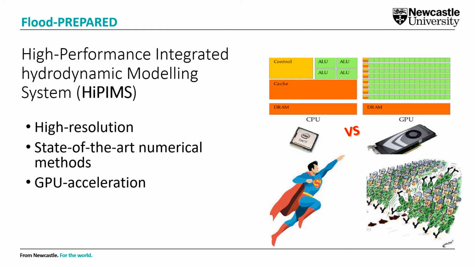The name of HiPIMS is short for High Performance Integrated Hydrodynamic Modeling System and has three main features, including its high spatial resolution, the state-of-art numerical methods, and most importantly, GPU acceleration.